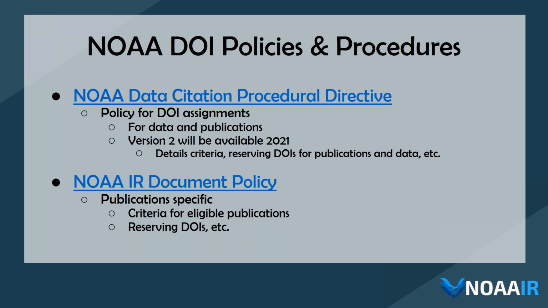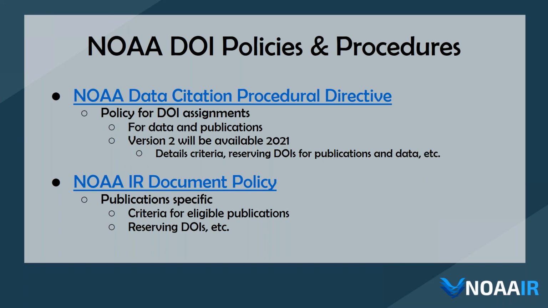We have been working on revising that and updating some of that information, especially in regards to publications, but there have also been some changes in relation to data and requirements and how things are assigned. So that should be out and available at some point this year. Within this document, it details the criteria, what is required in order to obtain a DOI, and that goes for data and for publications.